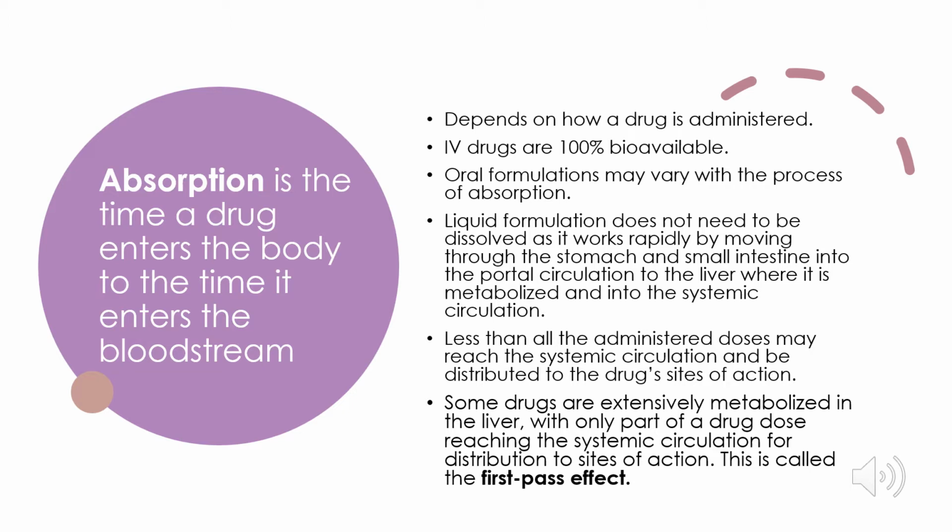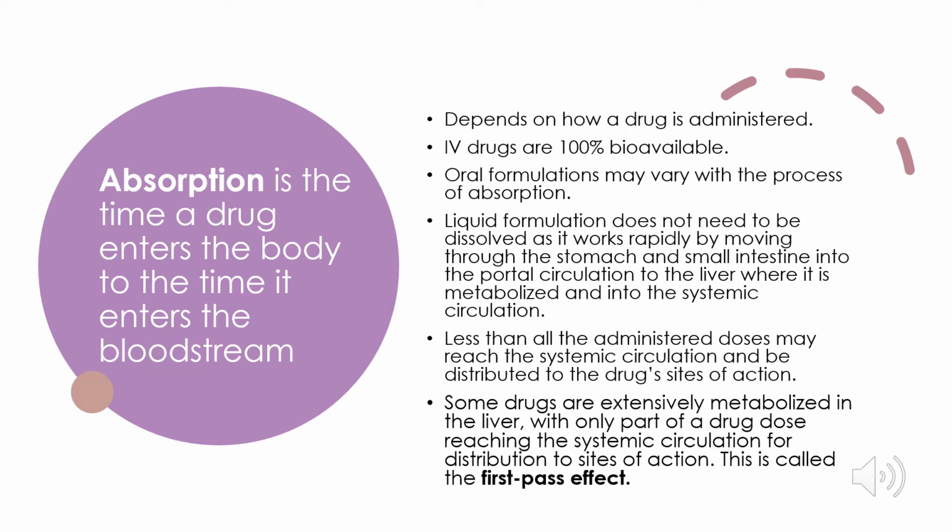And the systemic circulation is where the drugs are taken to the site of action. Okay, so there's a difference. Prior to the liver is portal circulation. After the liver is systemic circulation. So this is a very important concept to remember.